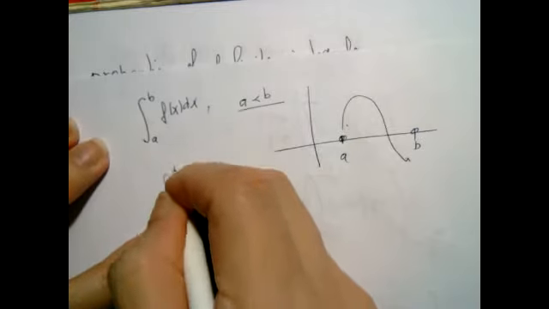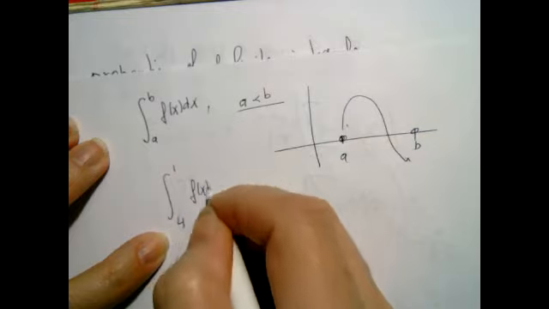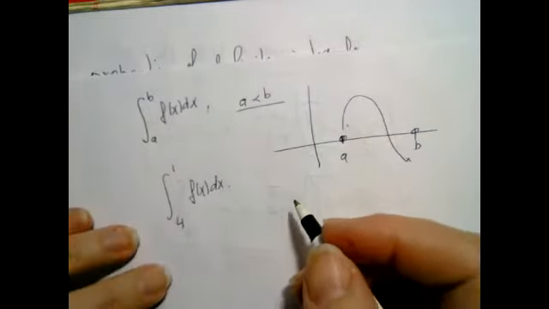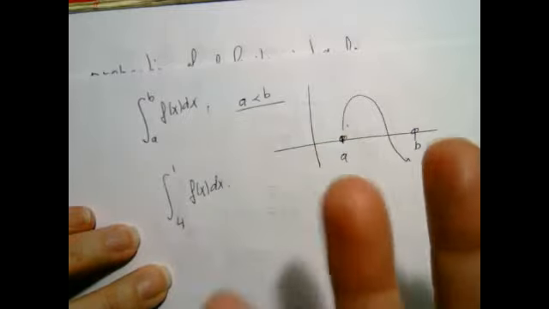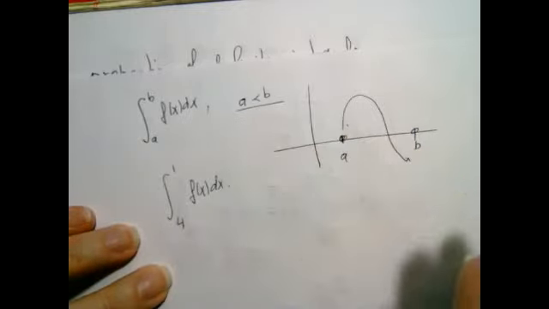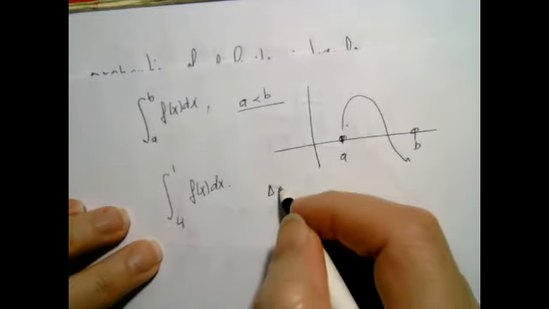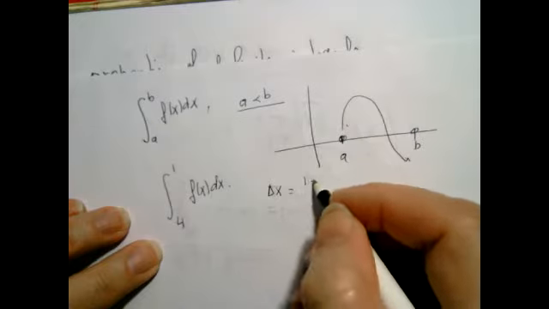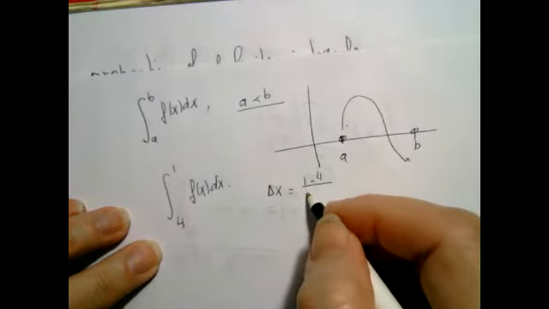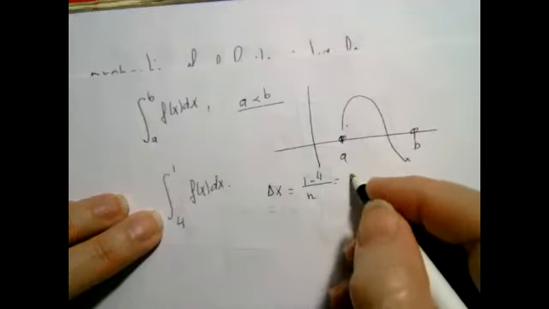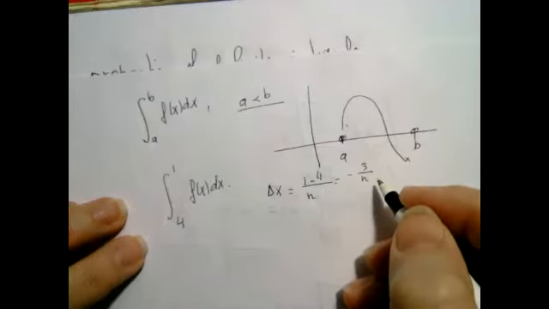So, from 4 to 1 of f of x dx. What does this actually equal? One reason I can give you is that in this case, delta x would be 1 minus 4 over n, which means minus 3 over n.